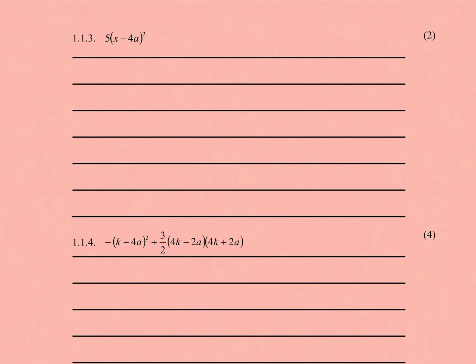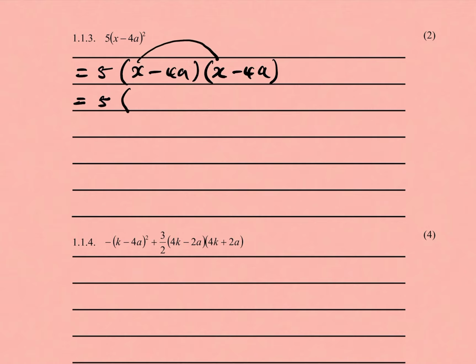Okay, let's do this one. We're given 5 into x minus 4a squared. That is going to be 5 into x minus 4a multiplied by x minus 4a. You are multiplying it twice, so that is going to be 5 multiplied by the same stuff, this multiplied by that, and then that multiplied by that as well.